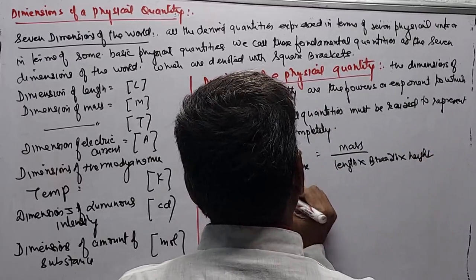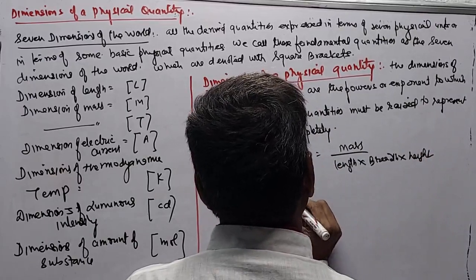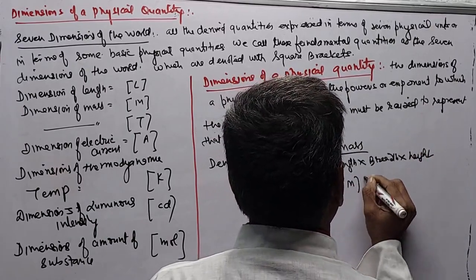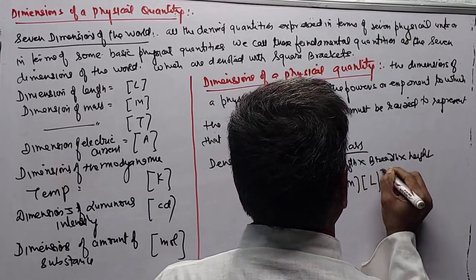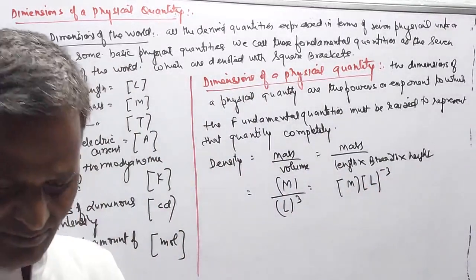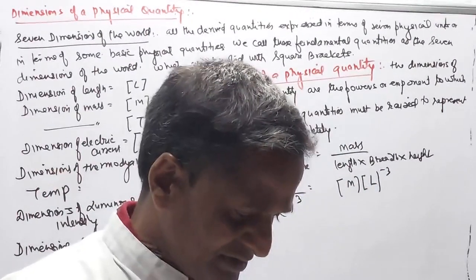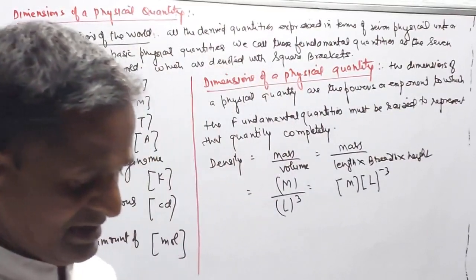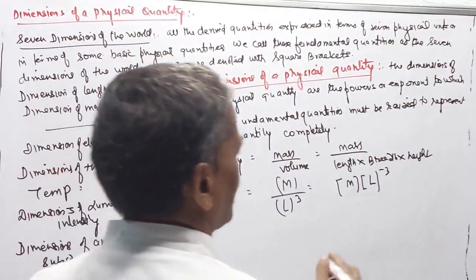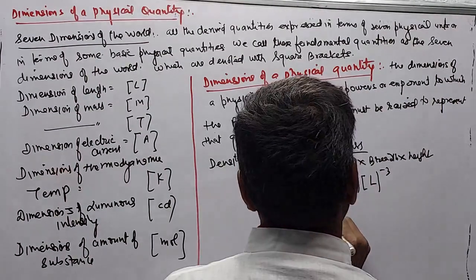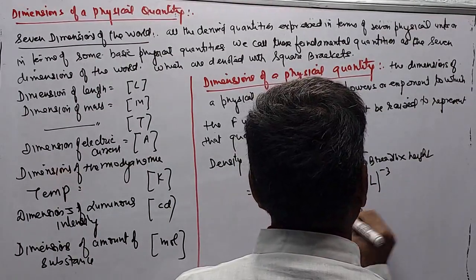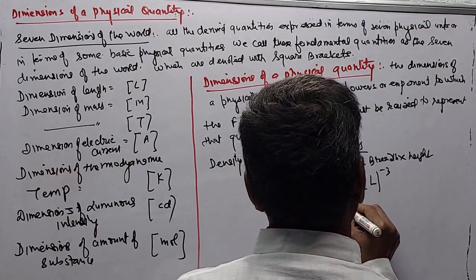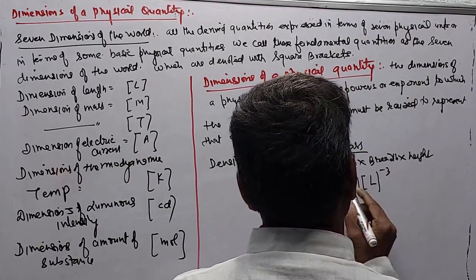The mass, capital M, upon L cube, becomes M L power minus 3, and in MKS system it becomes M L^-3 T^0.